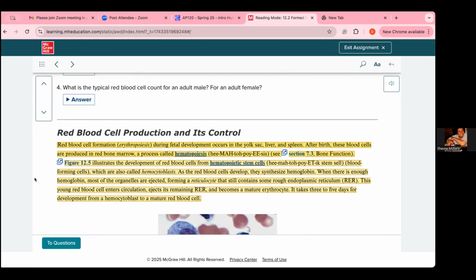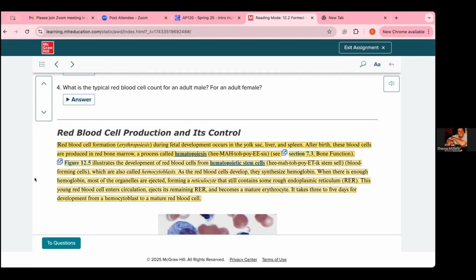As red blood cells develop, they synthesize hemoglobin. When there is enough hemoglobin, most of the organelles are ejected, forming a reticulocyte that still contains some rough endoplasmic reticulum. This young red blood cell enters circulation, ejects its remaining rough endoplasmic reticulum, and becomes a mature erythrocyte.